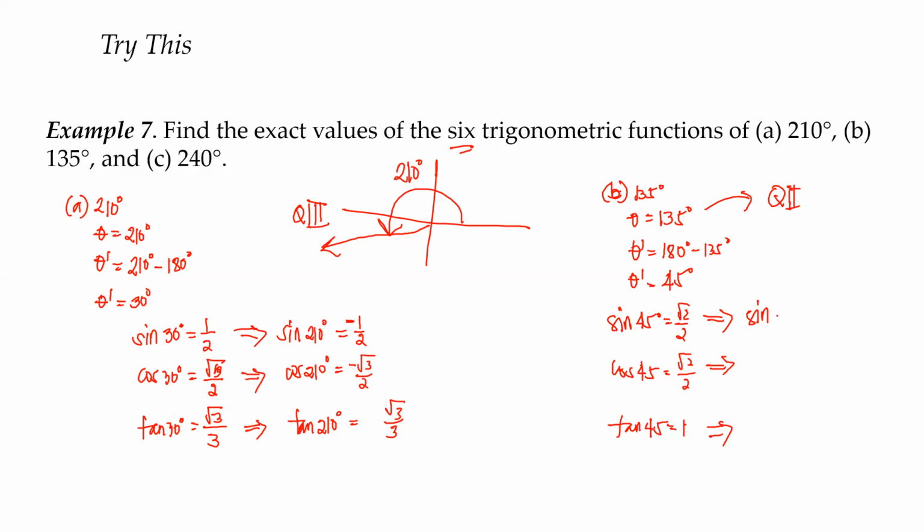So sine of 135 degrees is equal to square root of 2 over 2. Cosine of 135 degrees is equal to negative square root of 2 over 2. And tangent of 135 degrees, since tangent is sine over cosine and sine is positive while cosine is negative, we will end up with negative 1.